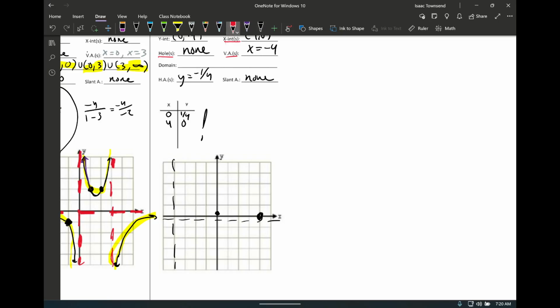But in this one, you should have known that this was going to be enough, because you've got these two that are connected. And based on this direction, this guy is going up. So he must go into infinity on this side and negative infinity on this side. It's always going to shoot to positive or negative infinity around every vertical asymptote.